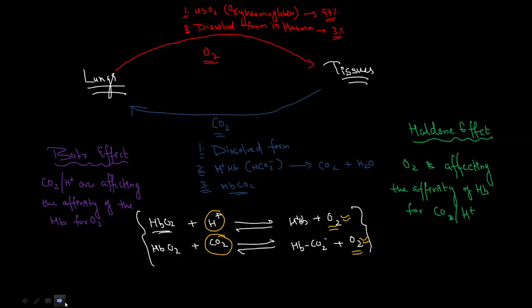Let us move on to another thing that you need to remember. It is about hemoglobin. Hemoglobin is a respiratory pigment in our blood, right? You need to remember some facts about hemoglobin: approximately 12 to 16 gram of hemoglobin is present per 100 ml of blood.